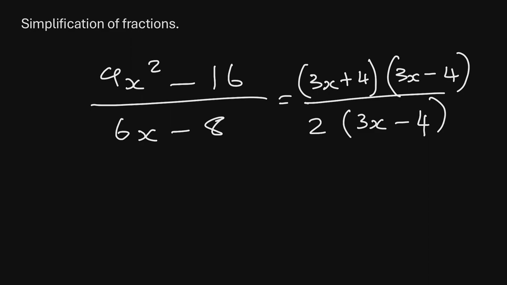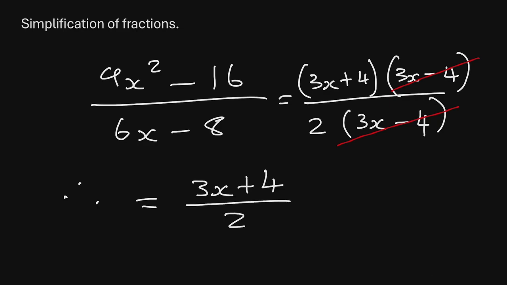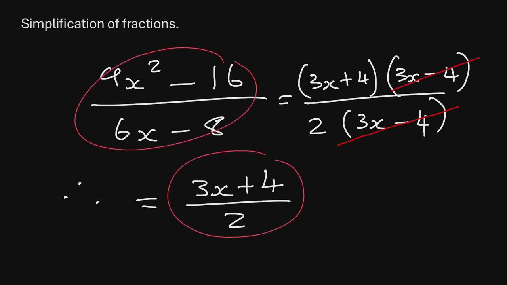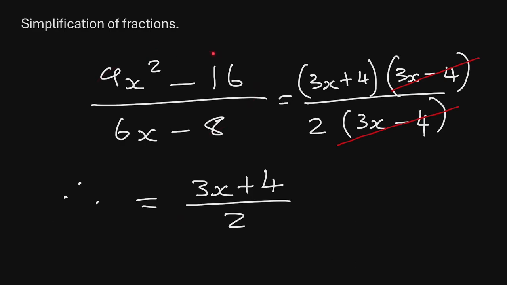After we do this, we can clearly see that this 3x minus 4 is going to cancel out with the 3x minus 4. And therefore, our solution will be 3x plus 4 all divided by 2. So that is how you will simplify that fraction.